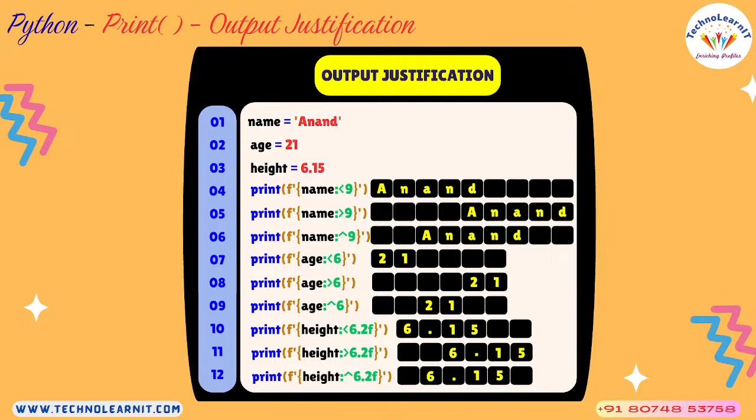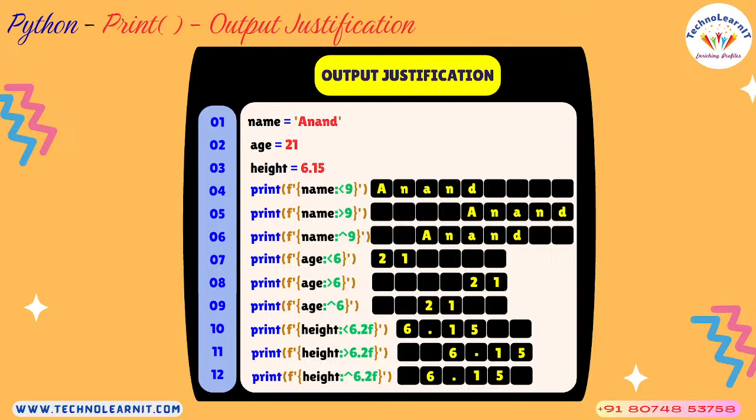So every block you see here, the black block, represents one space. If you count it, those are 9 spaces really. Out of those 9 spaces, what you have asked is, please print the name Anand on the left hand side. Left justification. Less than means left justification.